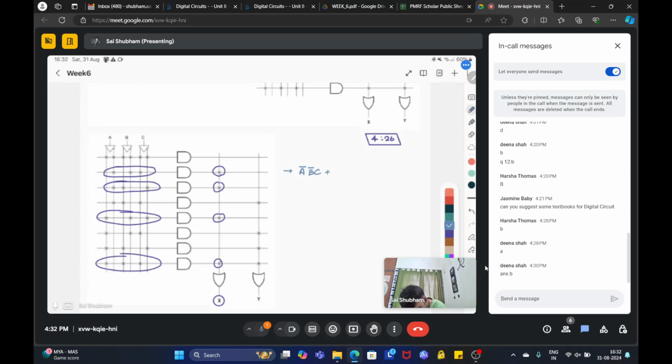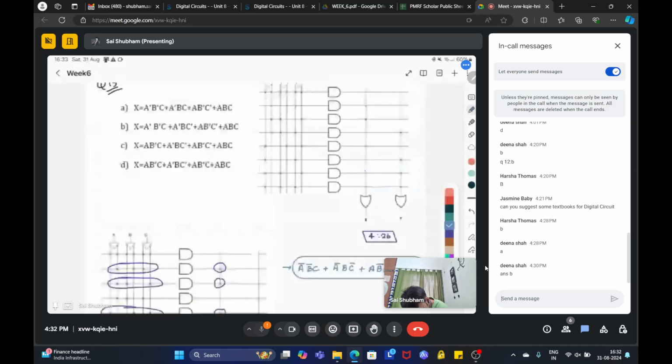The second one is a bar, b, c bar. Third one is a, b bar, c bar, and the last one is a, b, c. Okay. So this is the answer, which is option B.